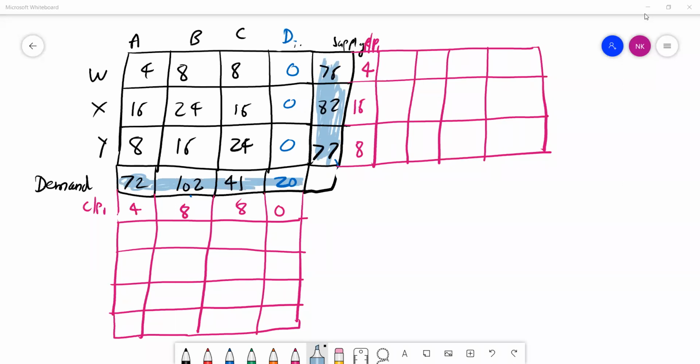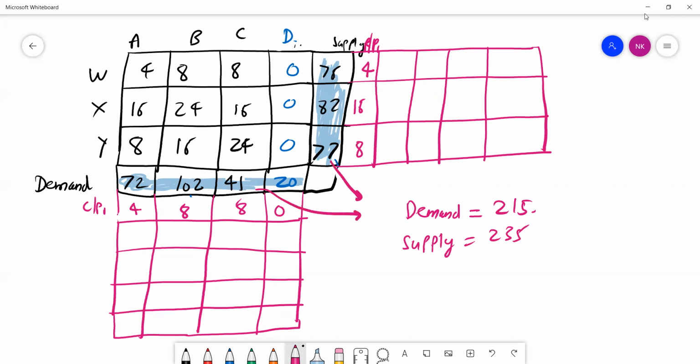Okay, so again I'm repeating how we have obtained D over here. So check for the balancing. The demand sum that was given was 215. The supply sum that was given was 235. If you just sum out this supply, it will be 235. If you sum out this demand, it will be 215 before adding this 20.